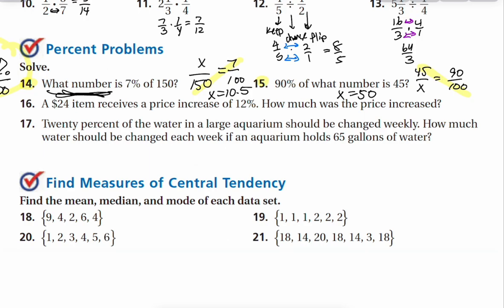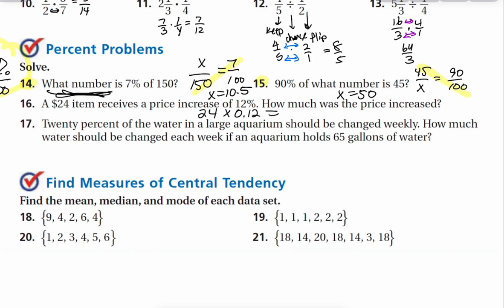So 24 times 12 over 100 is one way to do it. 24 times 12 hitting a percent key is one way to do it. 24 times 12 over 100 or times 0.12 is also acceptable. I tend to usually do 24 times 0.12.